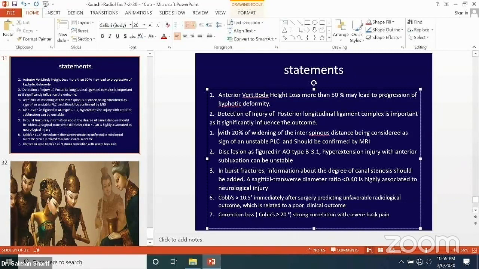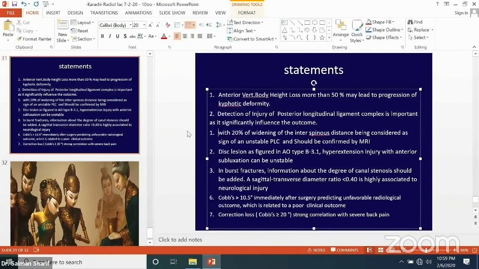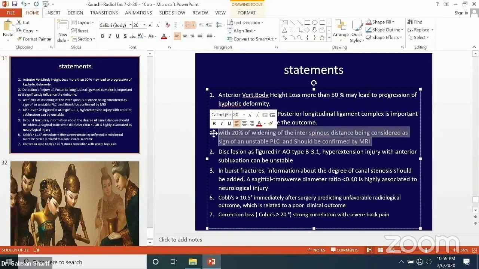Yes, 3. Do we need to vote on that, Hafid? About this 20% widening of interspinous distance? Yes, it's mentioned in a review.